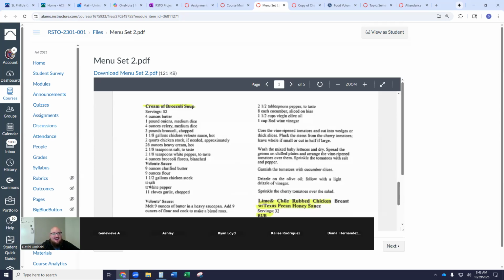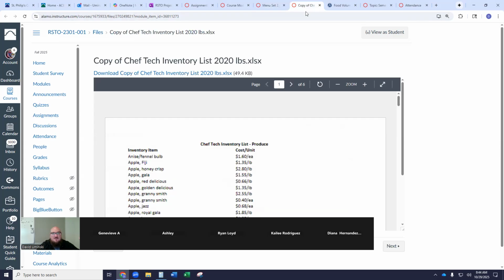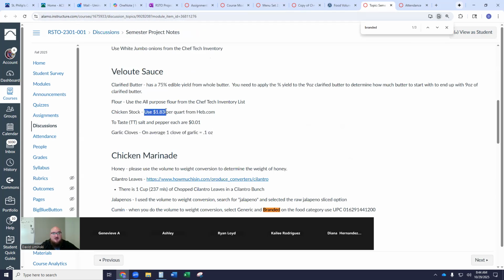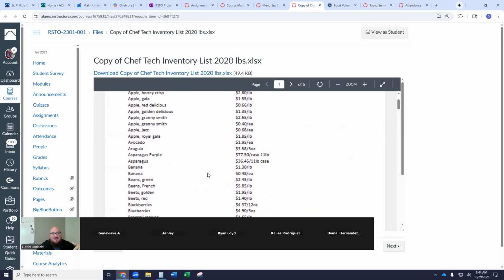Well, yeah. So remember, you want to use these recipes to fill out that first page of the RSTO worksheet, and then you copy and paste into the second page. You get your as purchased from the Chef Tech inventory list, or in this case, from the semester project notes, because sometimes you're not going to find it on the Chef Tech inventory list.